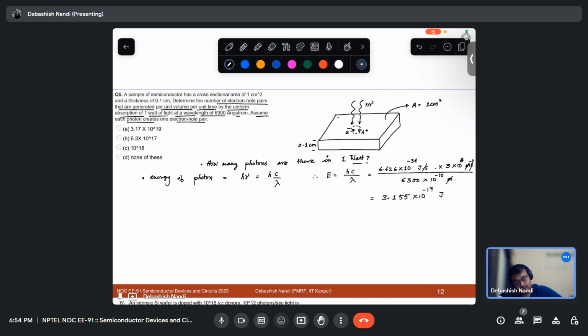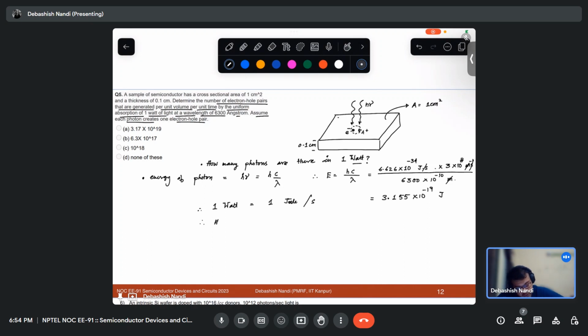Fine. 1 watt is how much? 1 joule per second. Right?